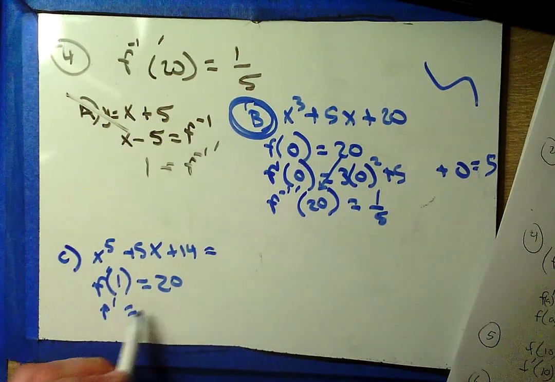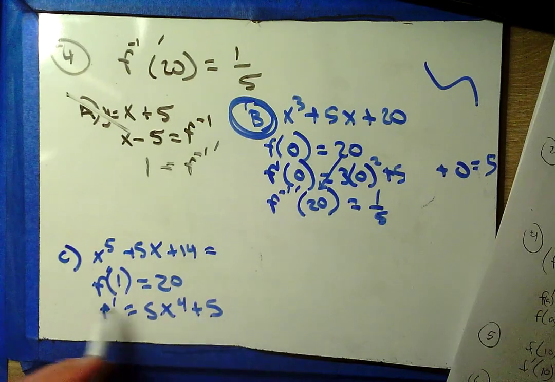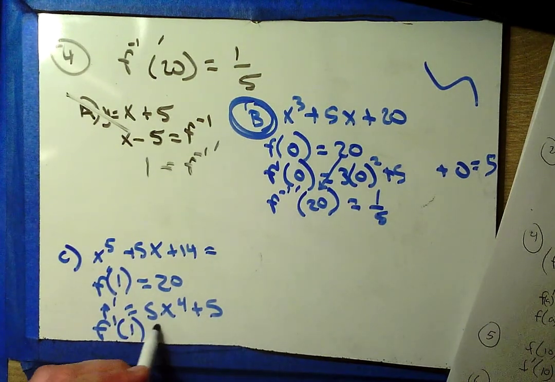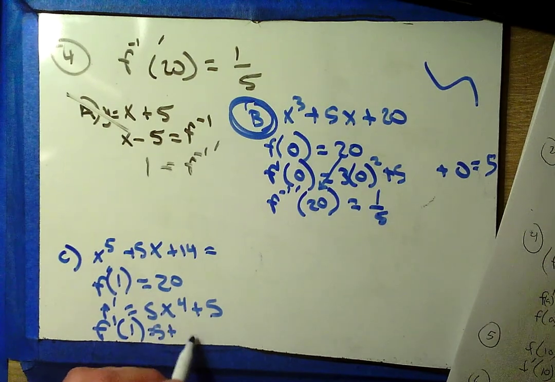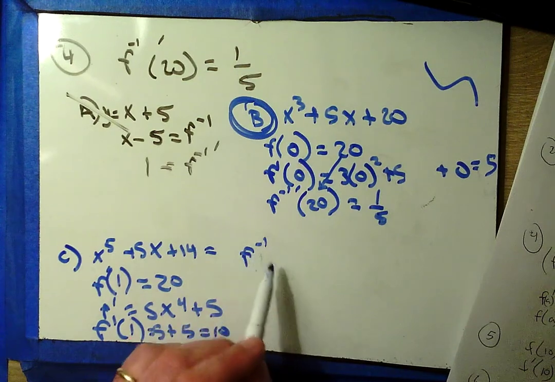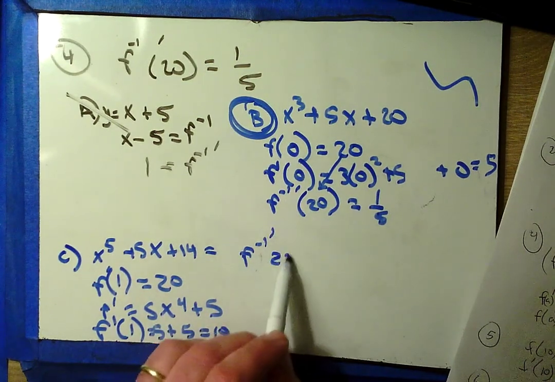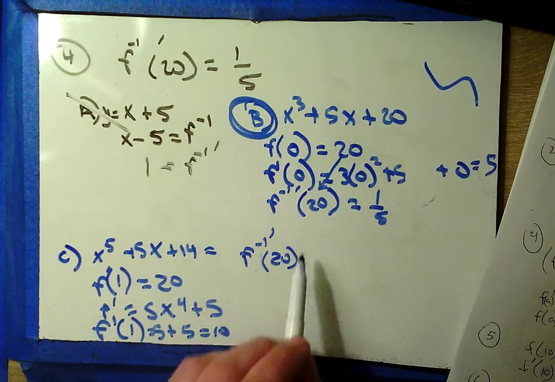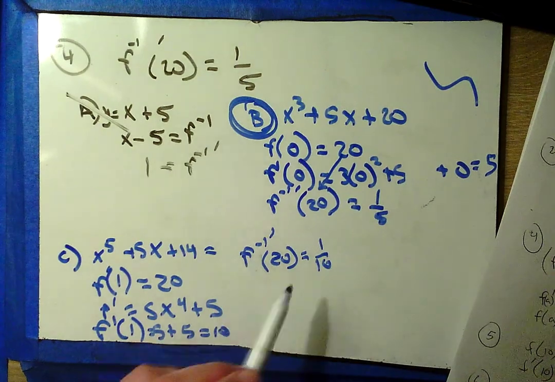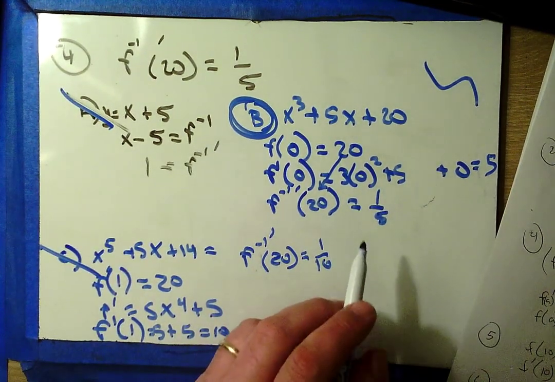F prime would be 5x to the 4th plus 5. And what can we say about f prime of 1? Well, that would be 5 plus 5, or 10. And therefore, f inverse prime at 20, if this is 10, would be 1 over 10. So that one doesn't work.